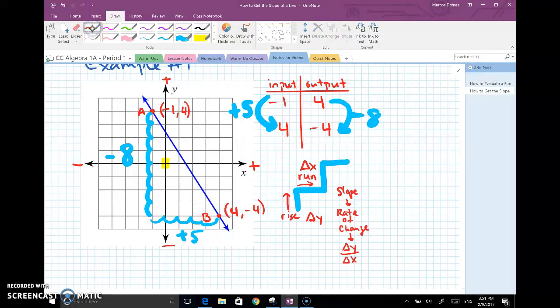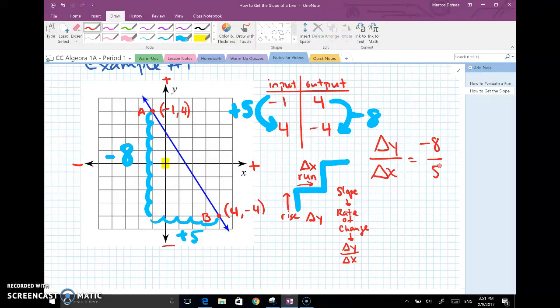So going back to our change in y over change in x, our change in y, which ended up being -8, over our change in x, which ended up being a positive 5, this becomes our slope. And it's a set of directions in going from one place to another.